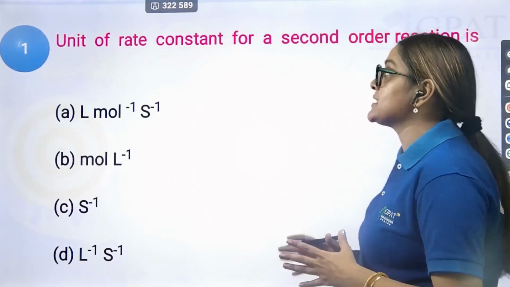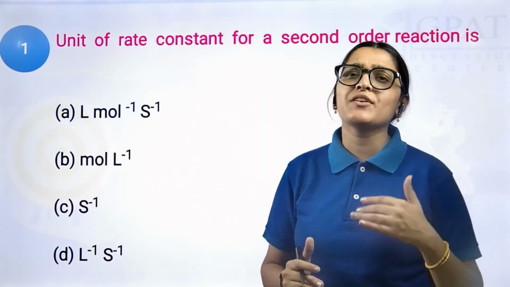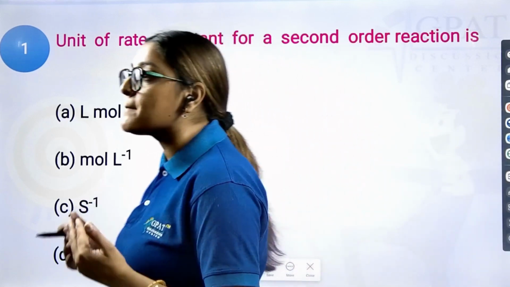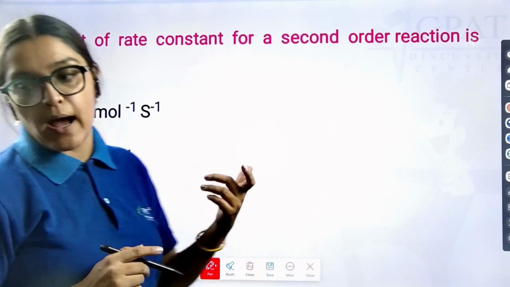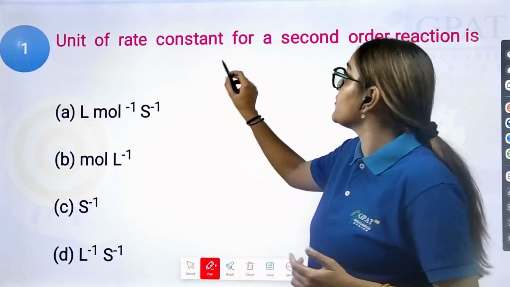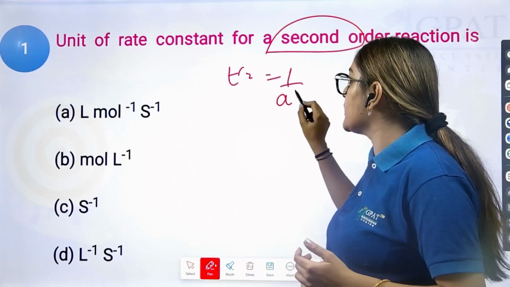So the question says: unit of rate constant for second order reaction. This is a very simple way to answer. If you remember the simple rate equations for zero, first, second and third order, you are easily able to answer. Even if you remember the half-life equation for second order, T half is equal to 1 upon aK.